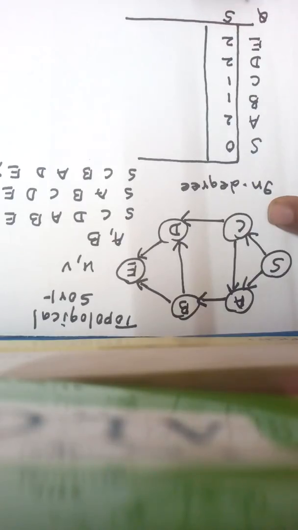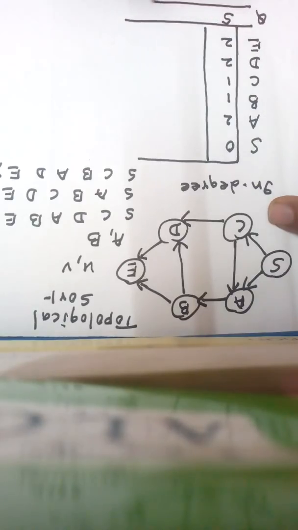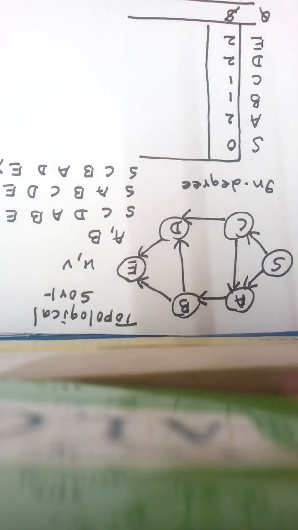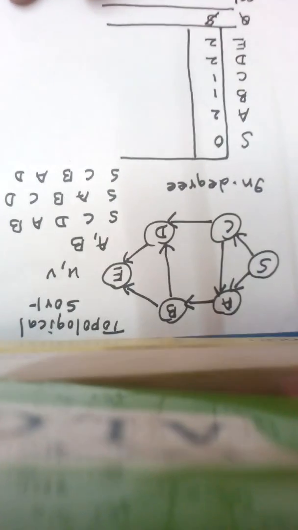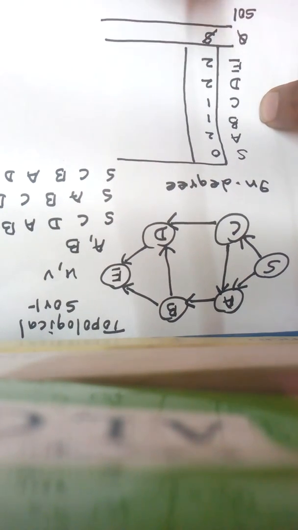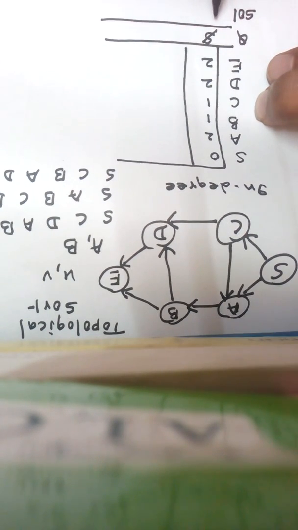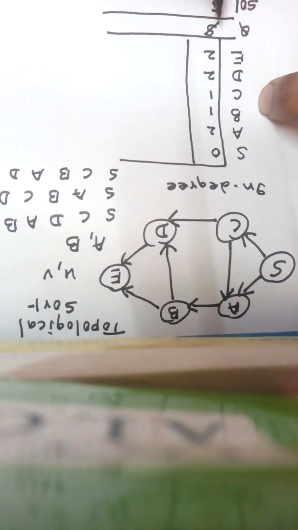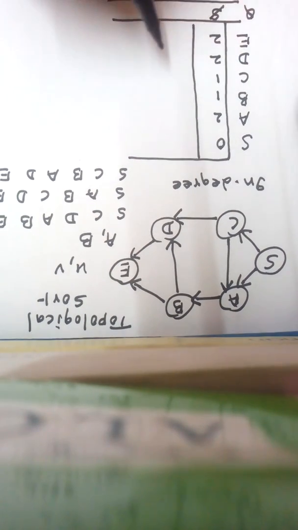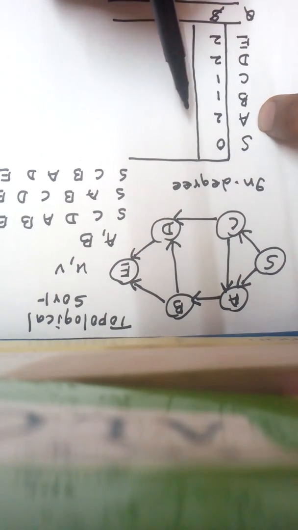It is NQ'd. On dequeuing this S, we are going to make use of one more array for our solution. This is going to be S in my solution to start with. So when I dequeue this S from the Q, what are the adjacent vertices to S?